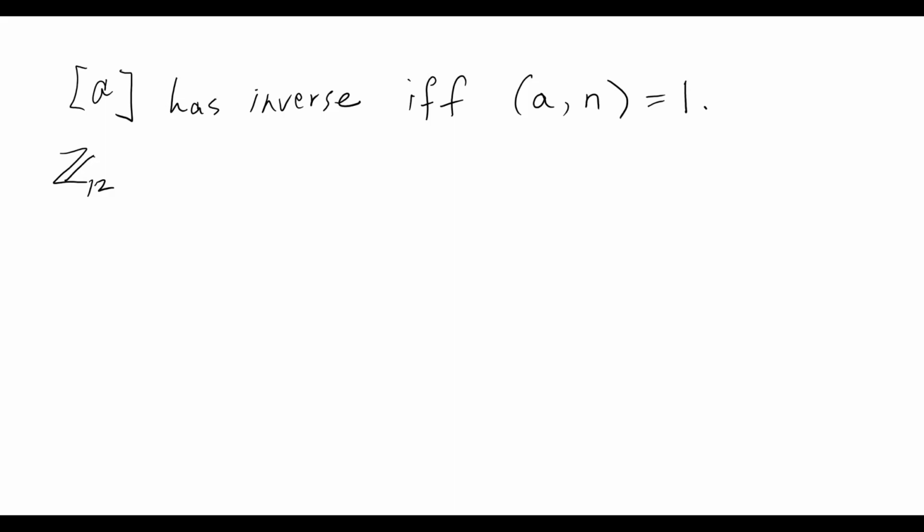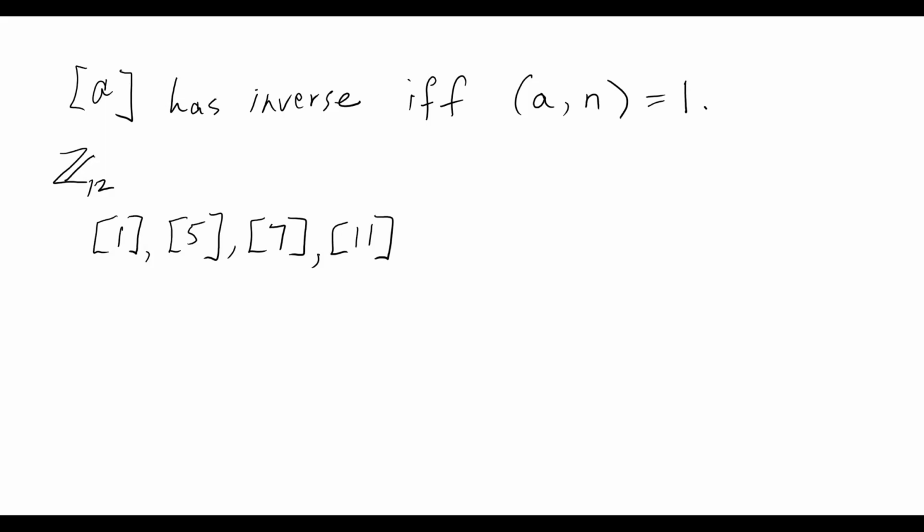Well, we're looking for all of the numbers in Z12 that are relatively prime to 12. 1 would be the first one. 2 is not. 3 is not. 4 is not. 5 is. 6 is not. 7 is. 8 is not. 9 is not. 10 is not. But 11 is. These are the 4 elements in Z12 that have multiplicative inverses.